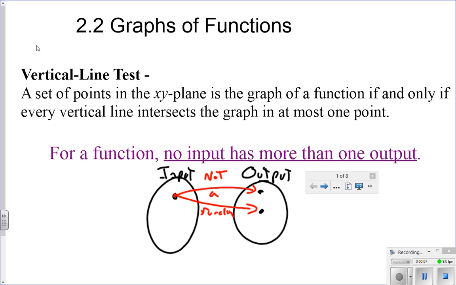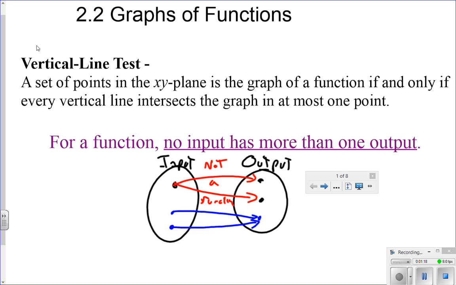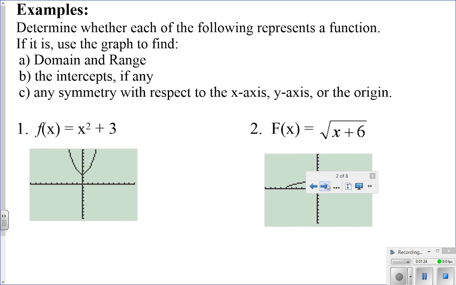Okay, be careful with this. It is okay if we have two inputs that go to a single output, meaning two inputs have the same solution. That is okay. But we can't have a single input giving two different outputs, two different answers. This is okay for a function. This is not.